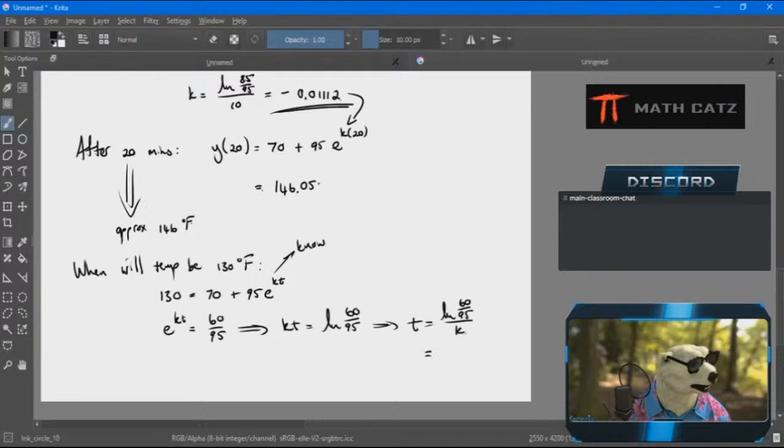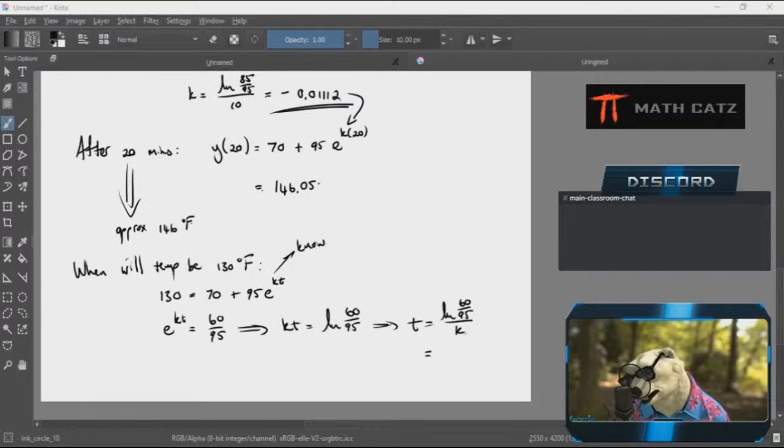Let's see what we get. Remember to not use a k value that is rounded too much or at all. So log of 60 over 95 divided by, now we could use our most accurate k, which is up there on the screen, log of 85 over 95 over 10.